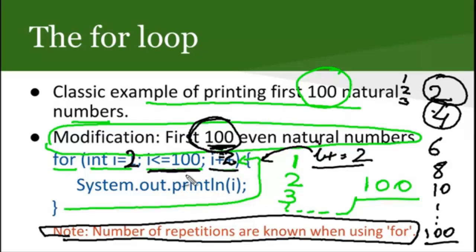If we keep the condition as I less than or equal to 100, it will only print the first 50 even numbers. So this is a very simple change, and I know you might have guessed it. We need to just make it I less than or equal to 200. Then it will print the values from 2 to 200, which are basically the first 100 even natural numbers.